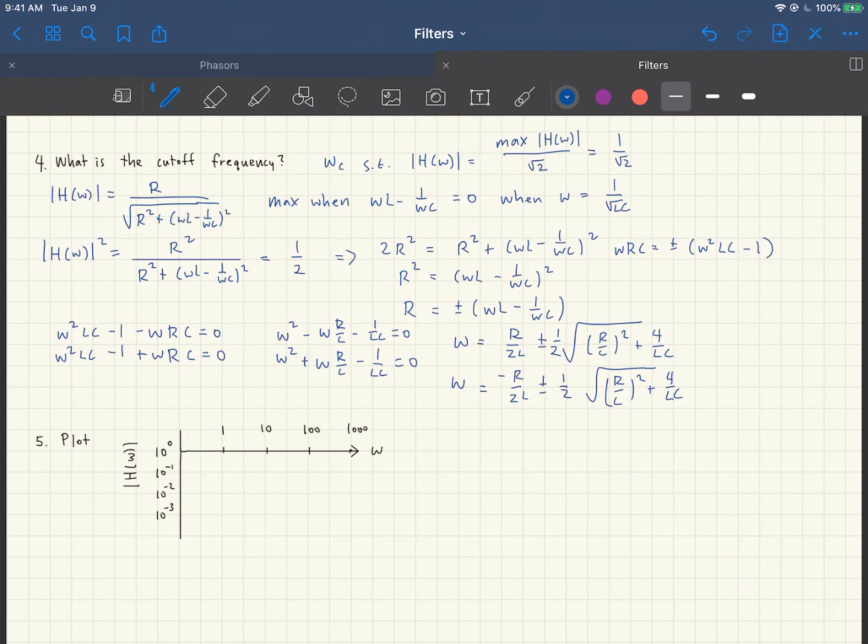And it happens that the positive ones will be omega C1 is equal to R over 2L plus 1/2 square root of (R over L) squared plus 4 over LC. And then the other cutoff frequency is going to be minus R over 2L plus 1/2 square root of (R over L) squared plus 4 over LC.